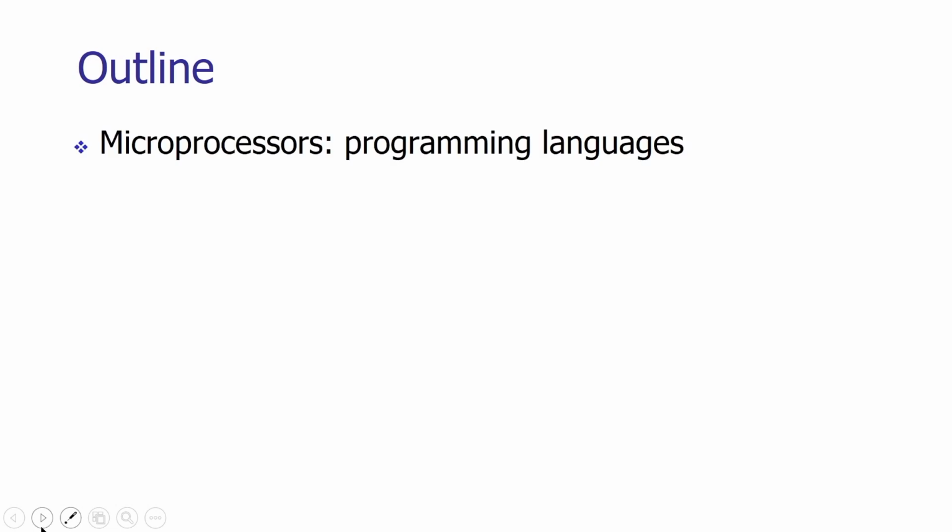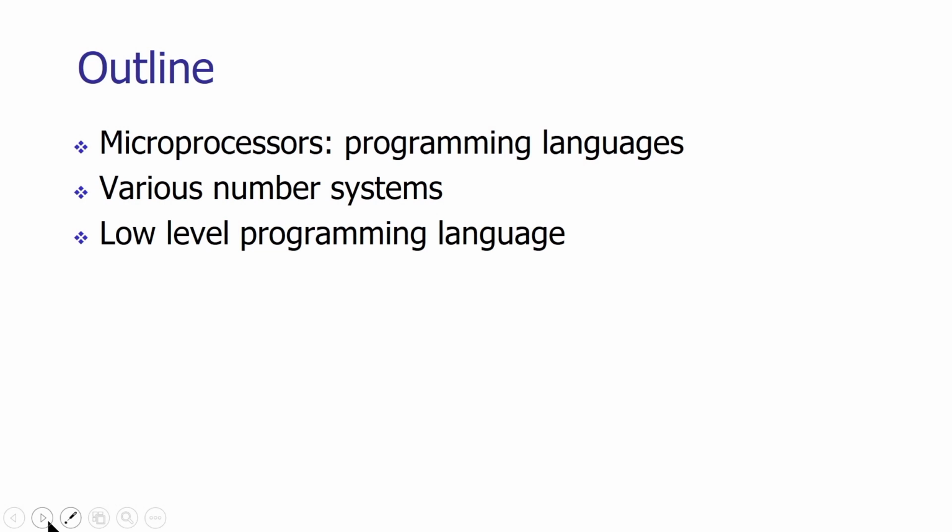At the start of the lecture, we will see what the various programming languages available for microprocessors are, and what the various number systems used in the programming languages are. Then we will study the meaning of low level programming language.